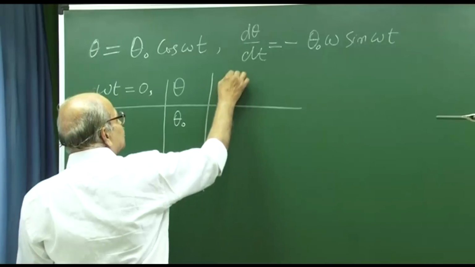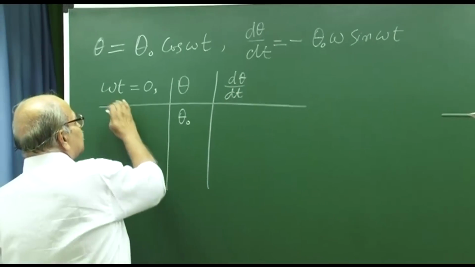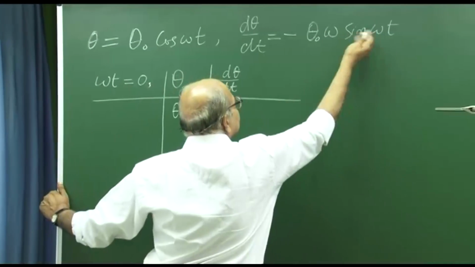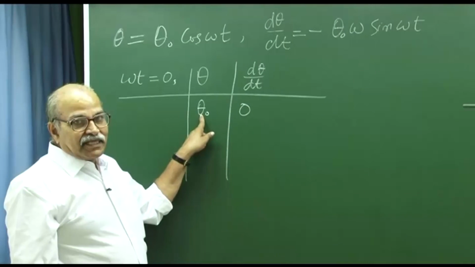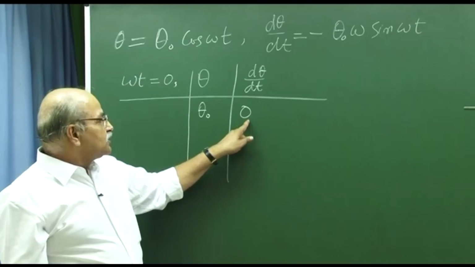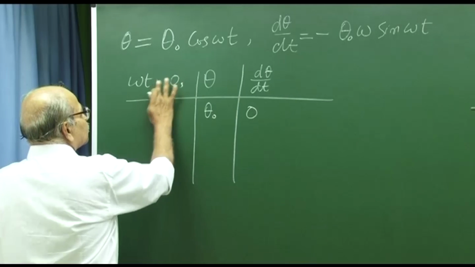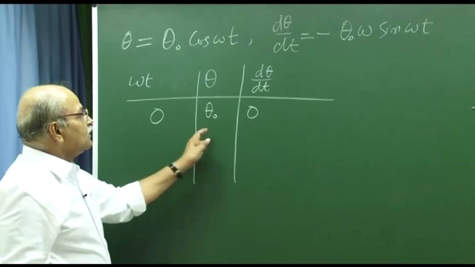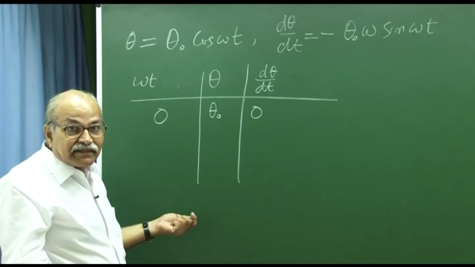So, that angular velocity, if this is 0, sine 0 is 0, so this is 0, correct. Once it is at extreme position, the velocity should be 0. So, just by giving that value of omega t which is 0 here, you get the position, you get the velocity, so the phase is decided.